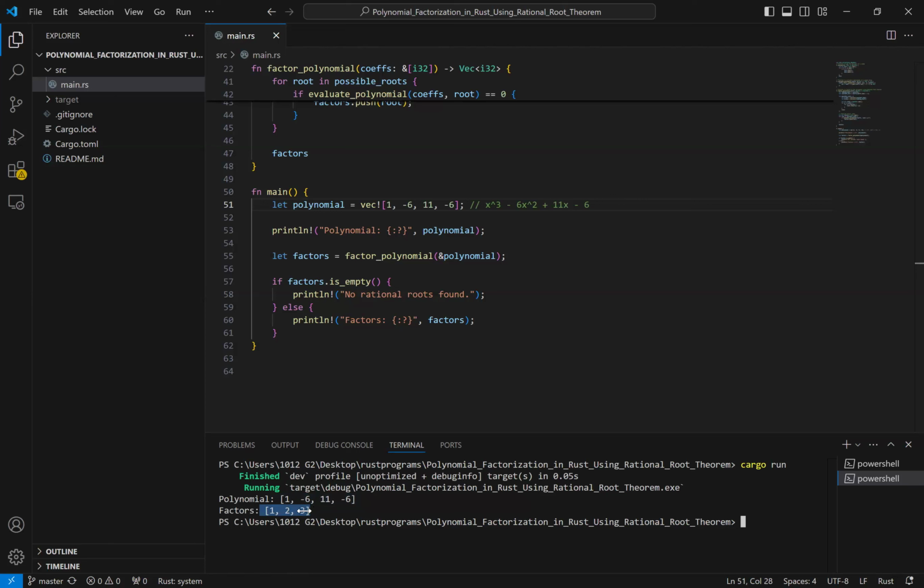That means this can be factorized using these roots as x minus 1 times x minus 2 times x minus 3. So this is what this solution is telling us, that it can be factorized this way.